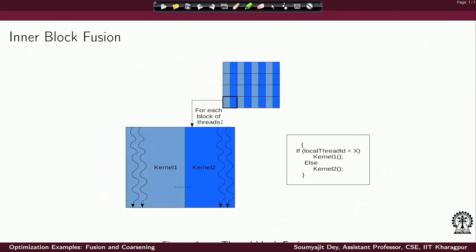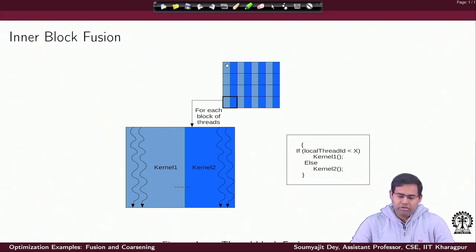Now, here we take a different stance. We do not fuse the kernels at the granularity of threads, but we start looking into the fusion at the granularity of a block. Given two kernels, you increase the block size of the fused kernel so that some of the threads in the block do the activity for kernel 1 and some of the threads do the activity for kernel 2.